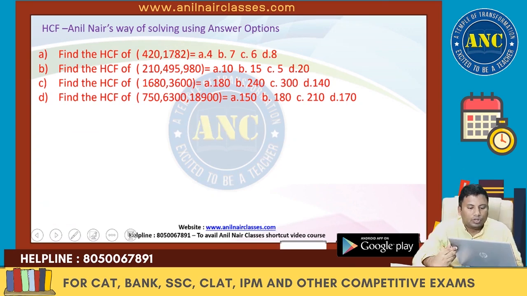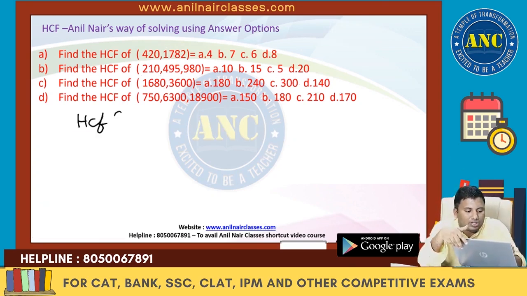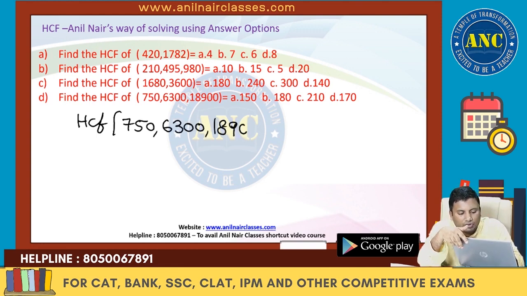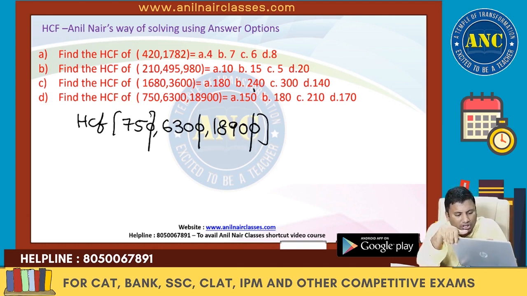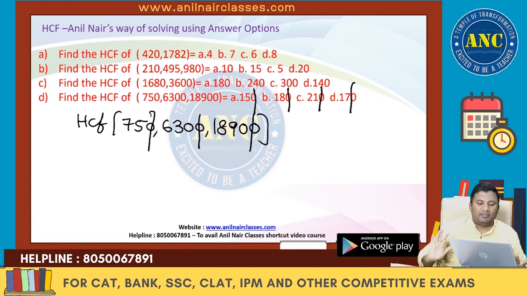Option D. HCF of 750, 6300 and 18,900. I want a very simplified calculation, so I will delete one 0 in the question and the answers everywhere.